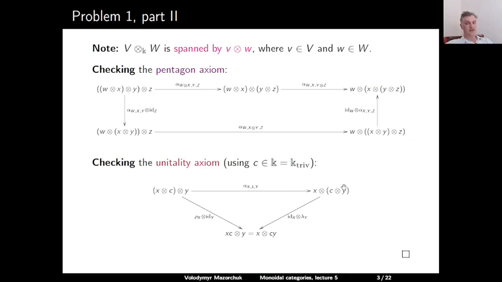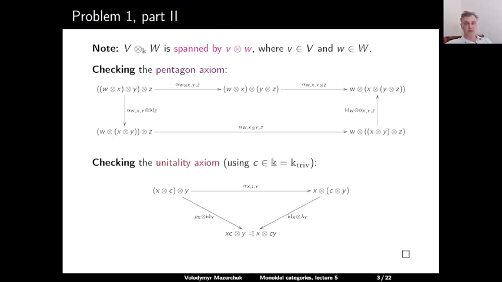If we apply the left unitor to the second expression, we get x tensor cy. But this is a tensor product over the field, and c is an element in our field. So xc tensor y is equal to x tensor cy. So we get the same result regardless whether we go this way or this way in the diagram. In other words, this diagram also commutes.